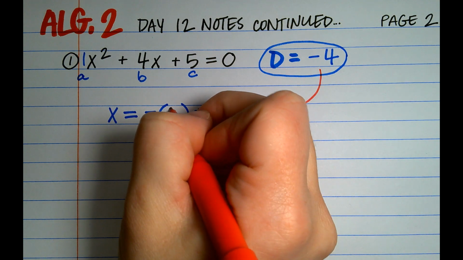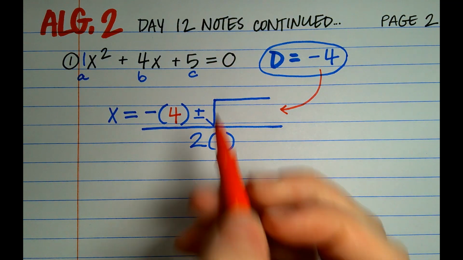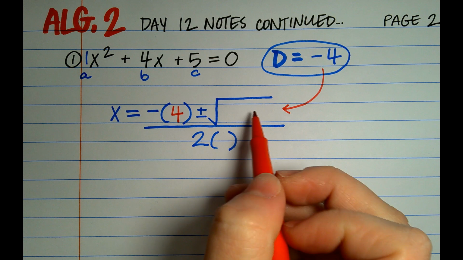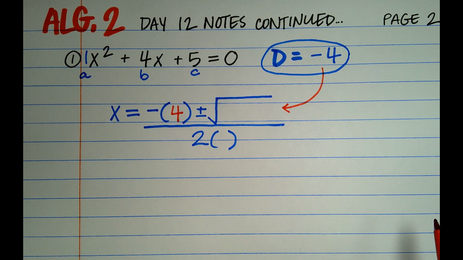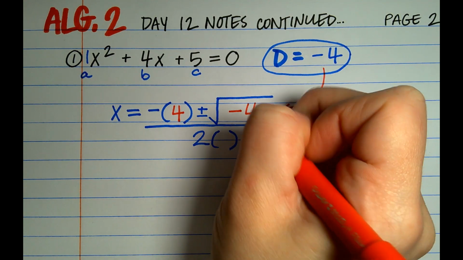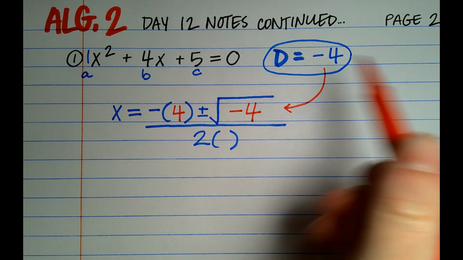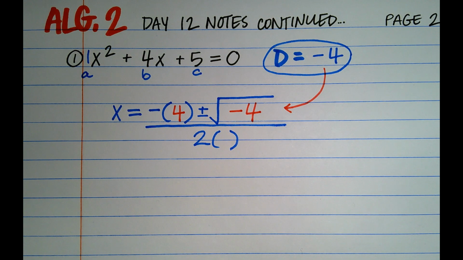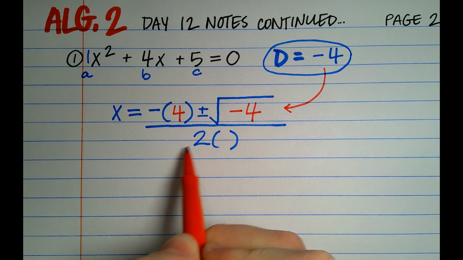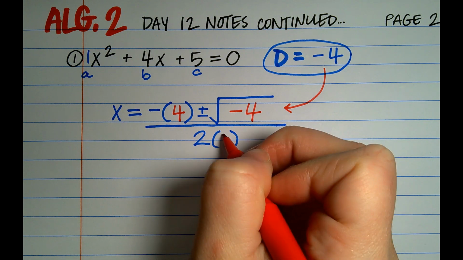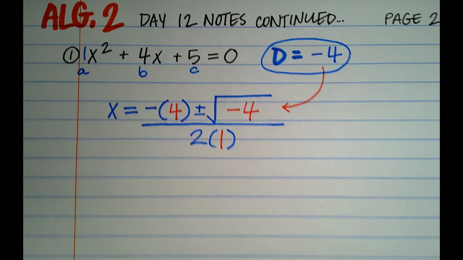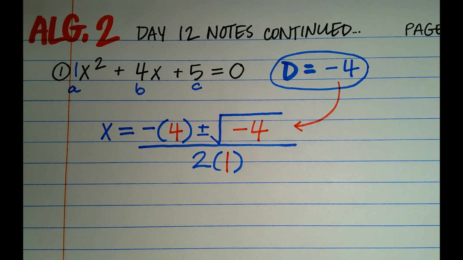That's my b, negative 4. Plus or minus the square root of what goes here? Negative 4. b squared minus 4ac. That's what goes under the square root. That's also the discriminant formula, so we already did it. It's negative 4. And then all of that's divided by 2 times what? 1. Our a is 1. Perfect. So we've got everything plugged in. And now let's simplify.